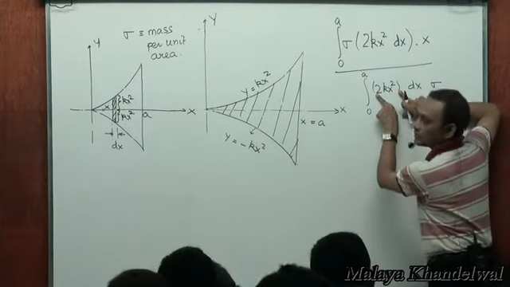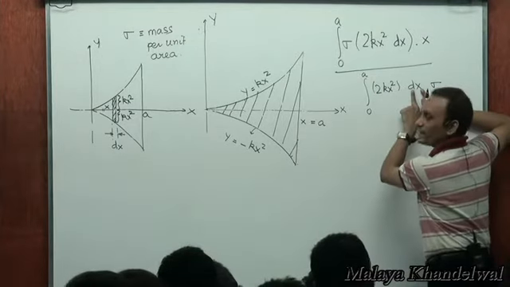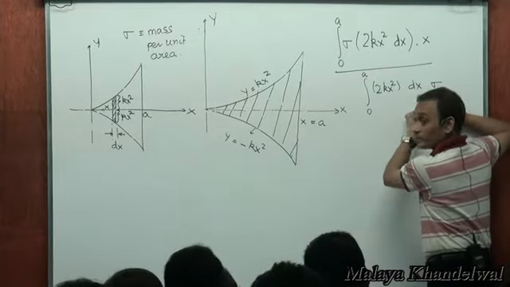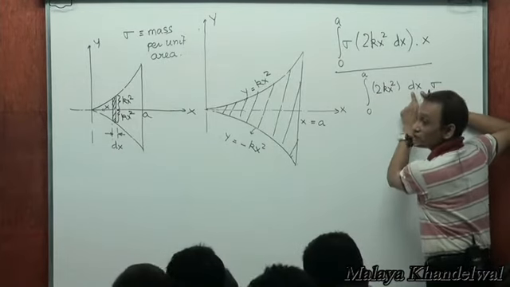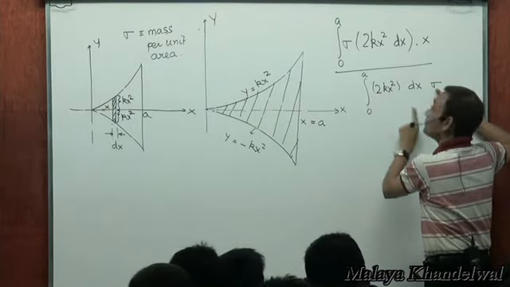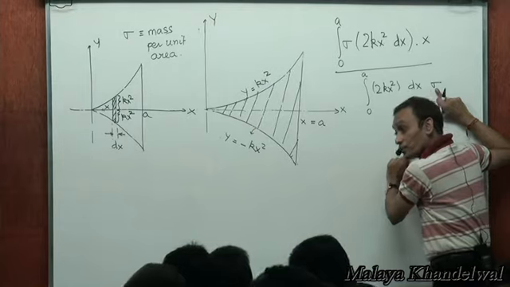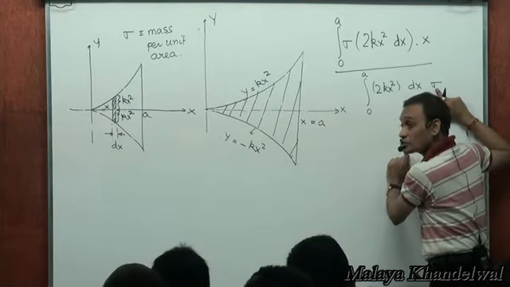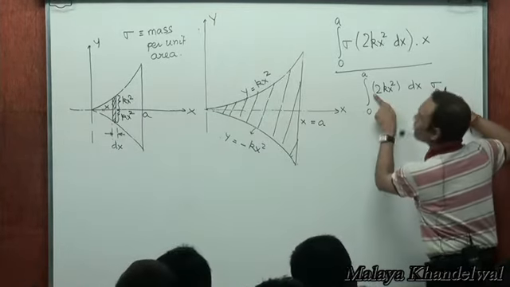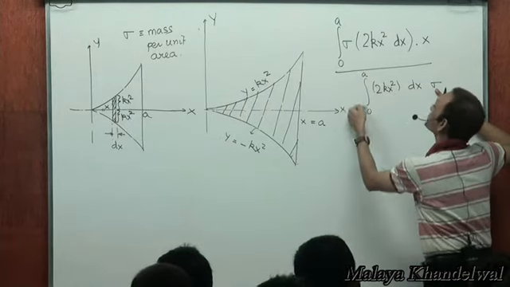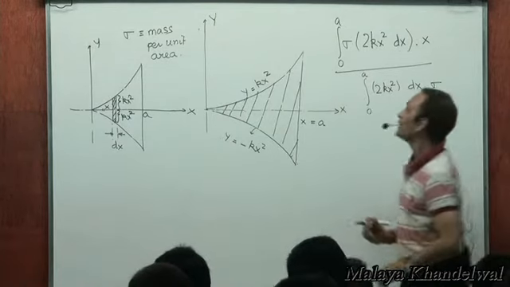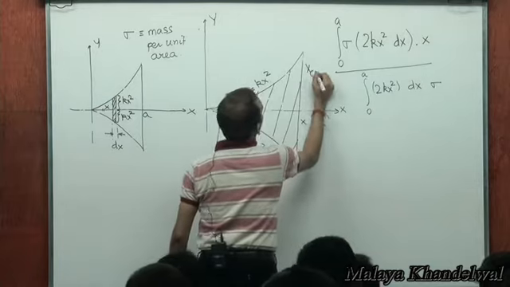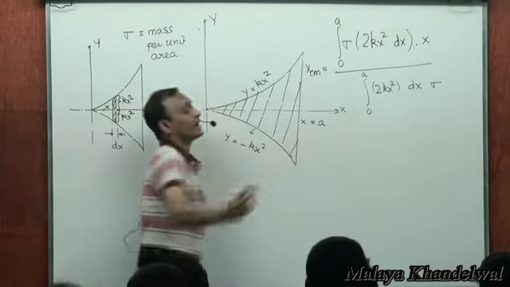Length of the shaded strip into the thickness is the area, and area into mass per unit area will give me the mass of the shaded strip. The total mass would be the sum of all these mass elements from x equal to 0 to x equal to a.